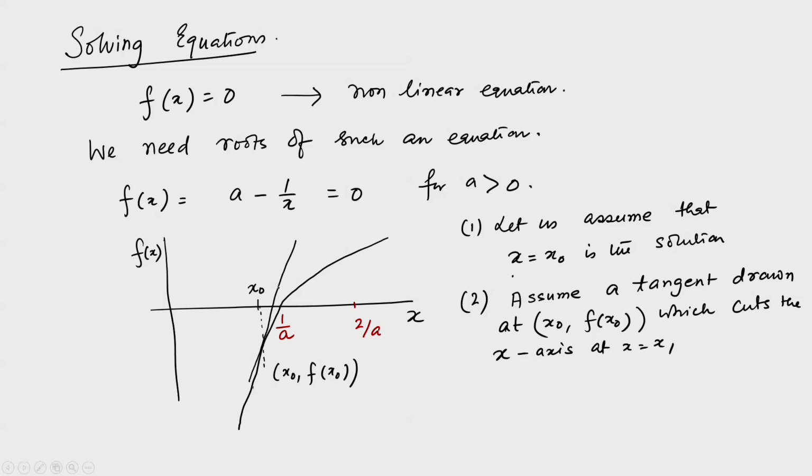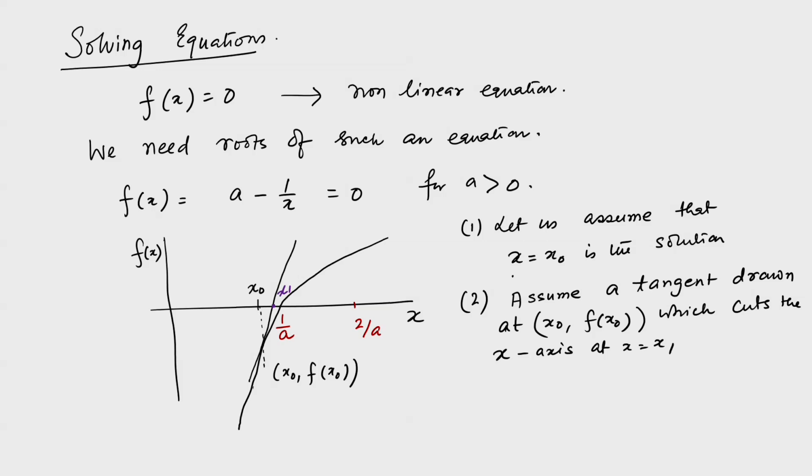So, x 1, let me write it with a different color. This x 1, this point x 1, which is this point. Okay. So, this point x 1 is my new root of this equation f x equal to a minus 1 over x, and which is a better approximation than the x 0 that I have originally assumed.